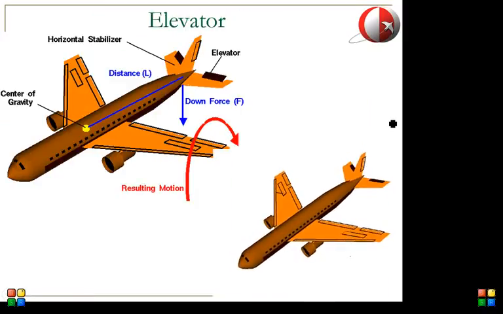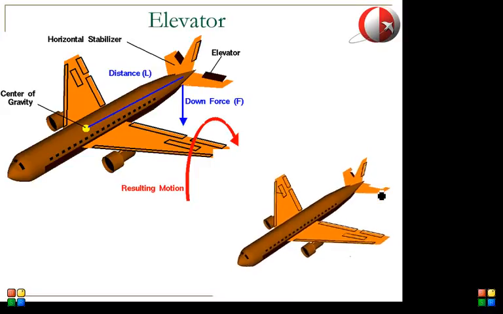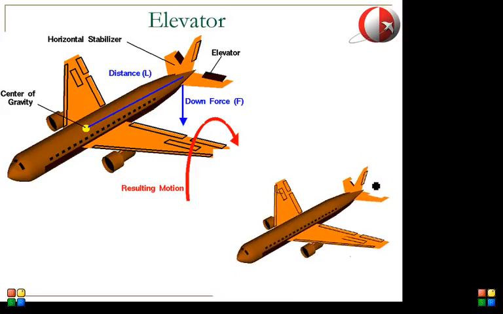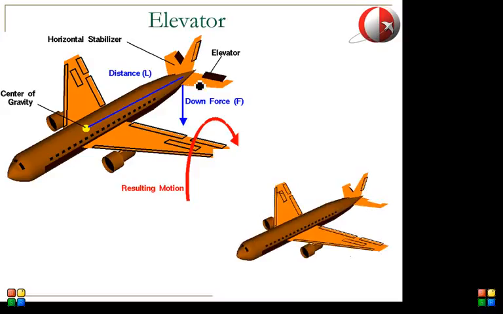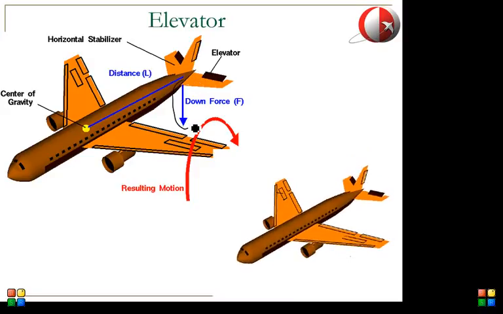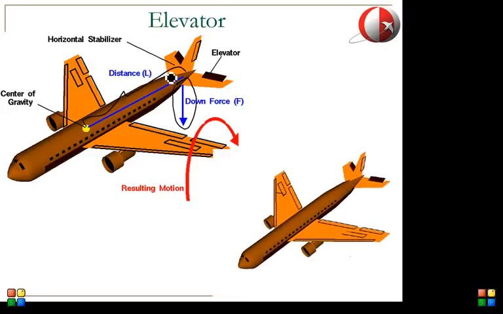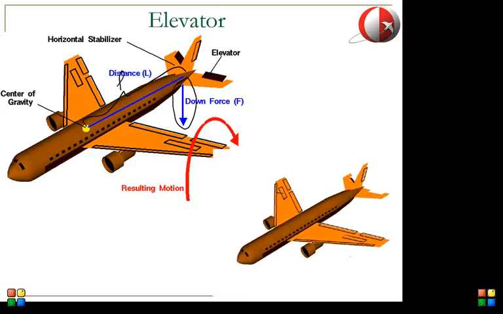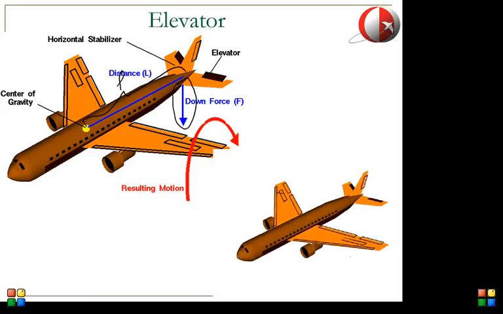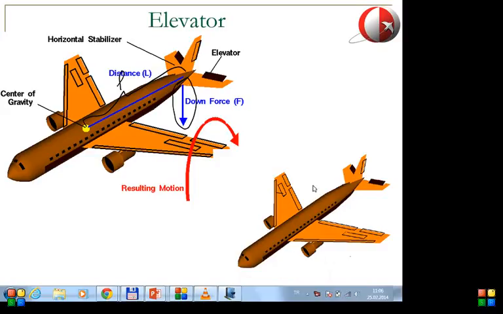And by moving this elevator, you can change the amount of force on the horizontal stabilizer. And as you see here, this force has a moment arm with respect to the center of gravity. And this moment arm creates the pitching rotation. Okay, so let's continue.